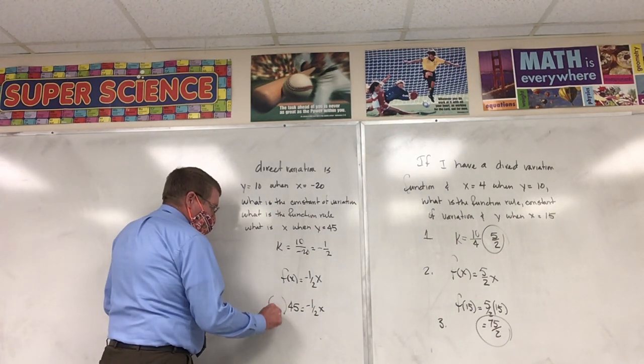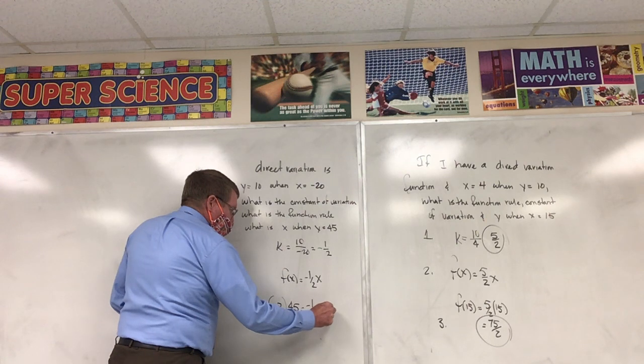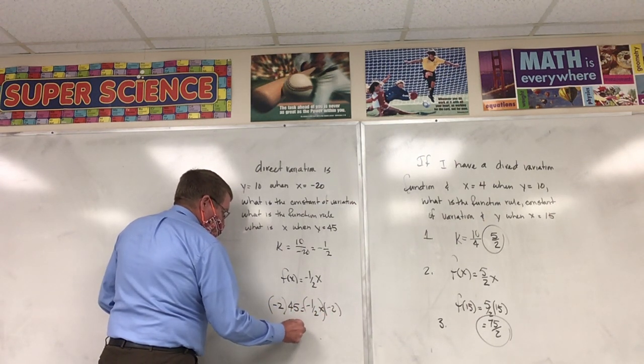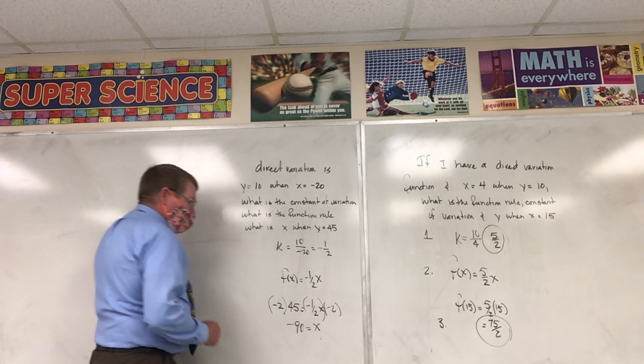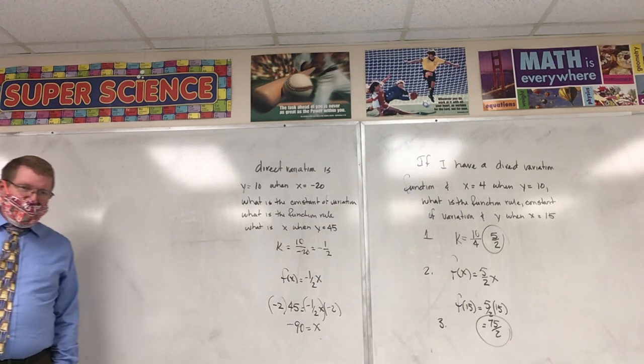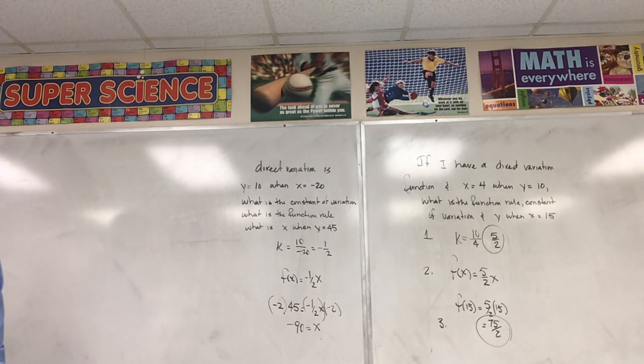You want to get rid of the negative 2 as well. So x equals negative 90. So we're using the function rule to solve for the missing part.